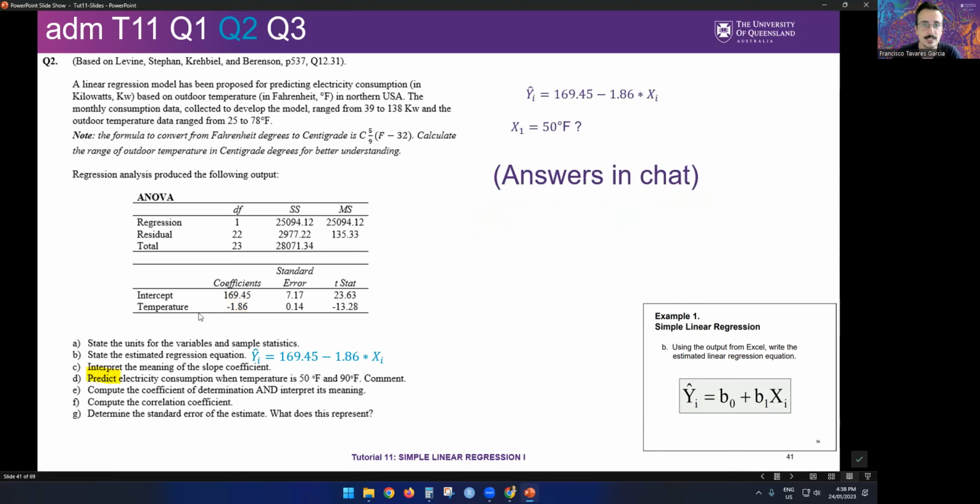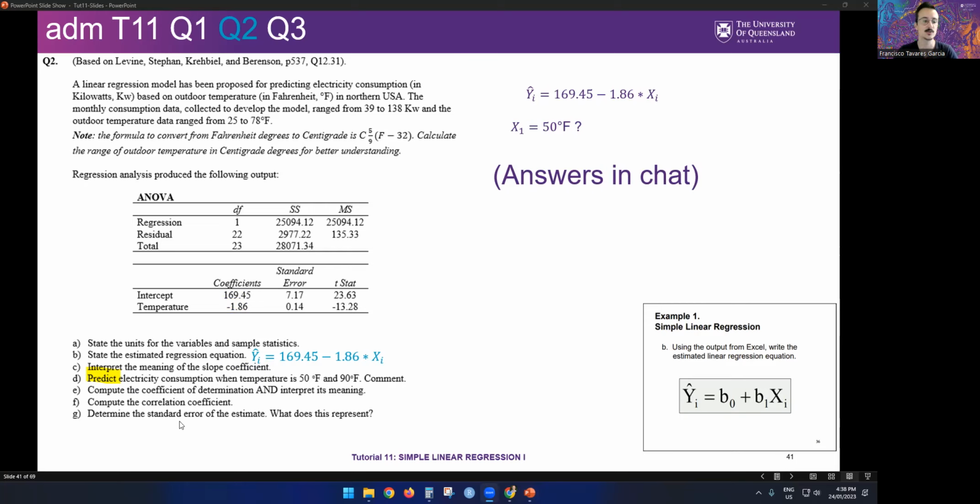Now, let's try to do a prediction as we did before. Predict electricity consumption when temperature is 50 Fahrenheit and when it's 90 Fahrenheit, and comment. Can we start in the chat by trying to predict how much would be our electricity consumption if our X is 50 Fahrenheit?